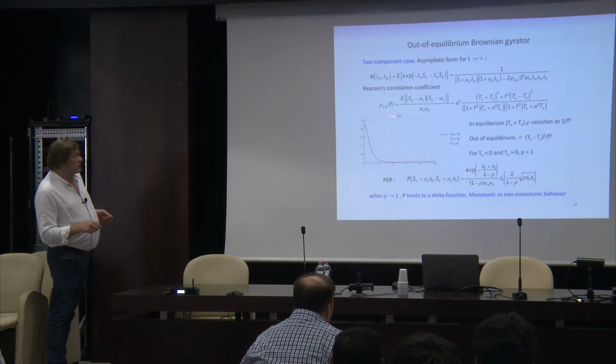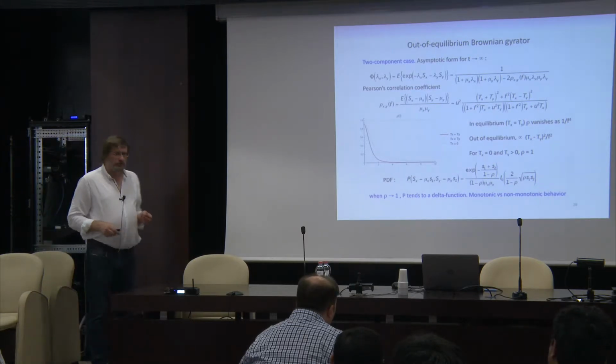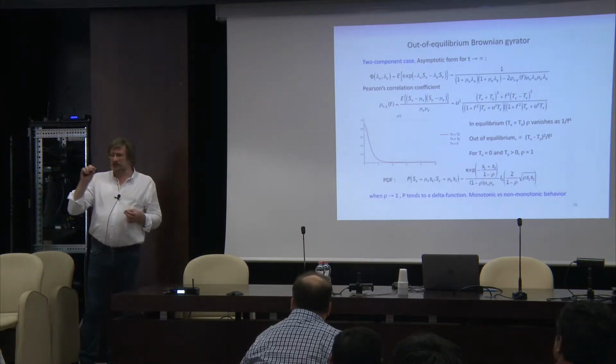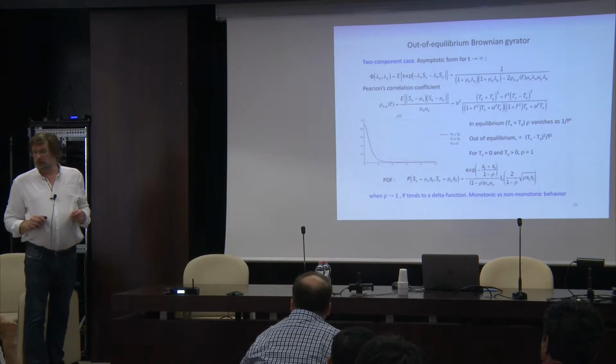The last case, which is plotted here, is the case when you have Tx equal to 0, so the x component lives at 0 temperature. When the y component comes, it a little bit perturbs it, then it goes away, it stays still, and so on. But the dynamics of the x component becomes, in this case, completely subordinated to the dynamics of the y component. It is very natural that rho is identically equal to 1.